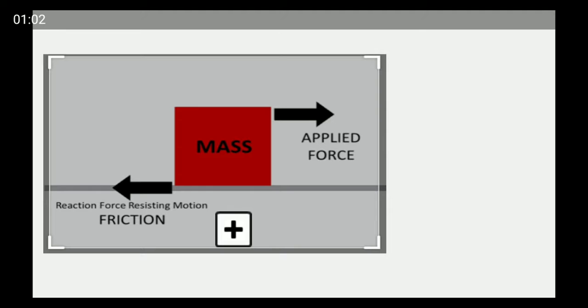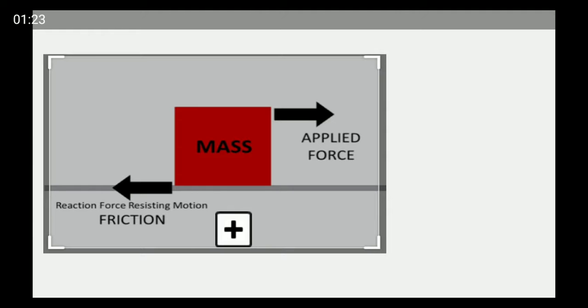In other words, the box doesn't move. Why? There must be an opposing force which resists the motion of the box.